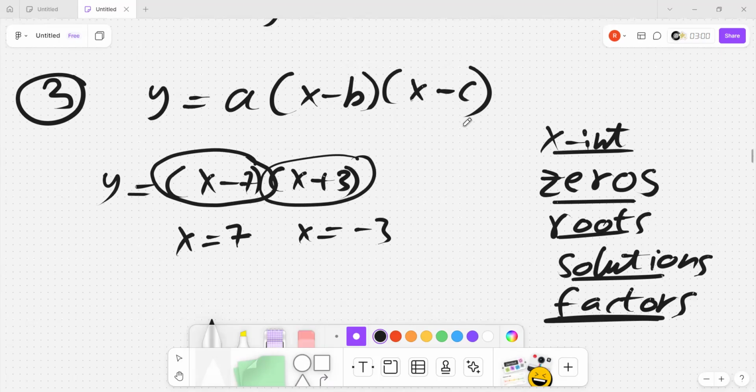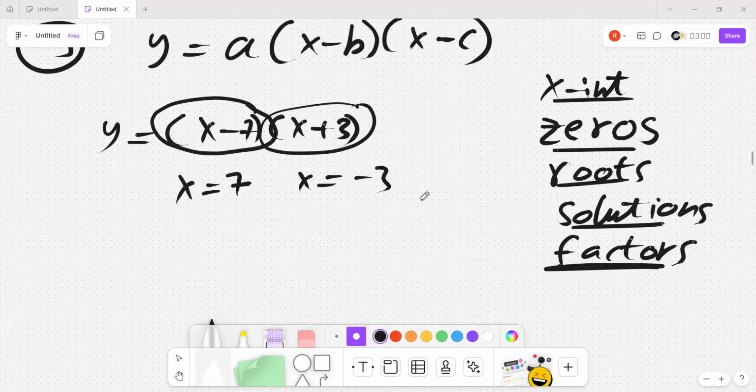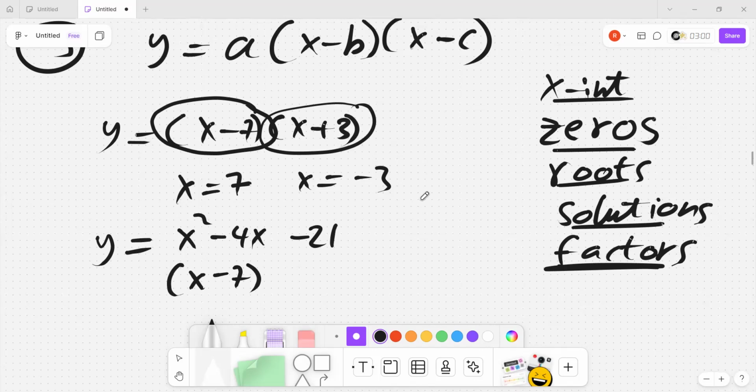Why? Let's see how. If we have an equation written like that, y equal x squared minus 4x minus 21, and we try to factorize it, we will get (x minus 7)(x plus 3). So these two brackets, when they are multiplied together, give x squared minus 4x minus 21.